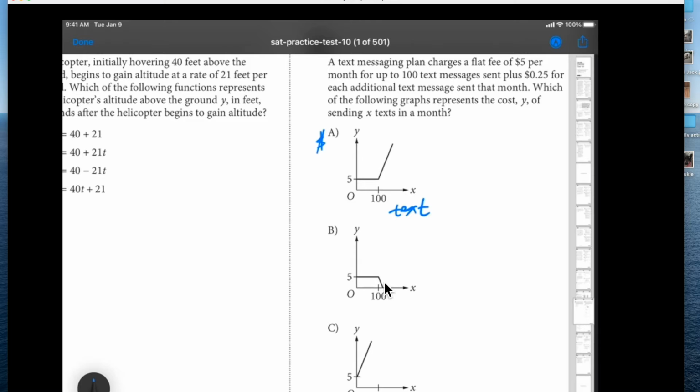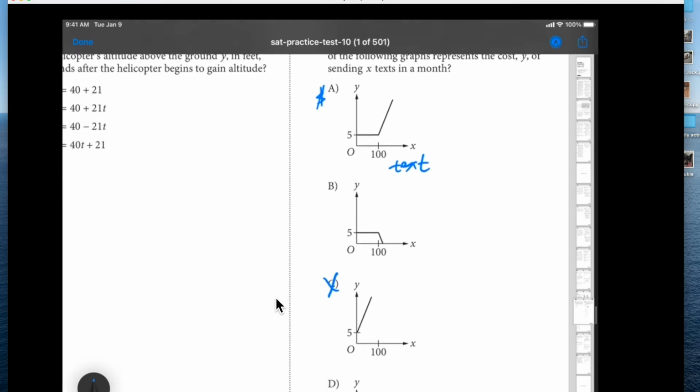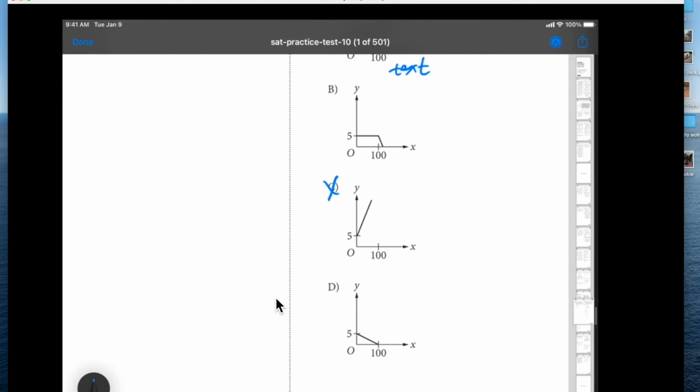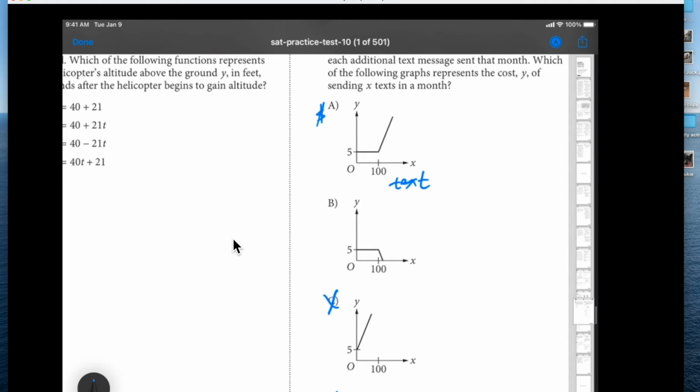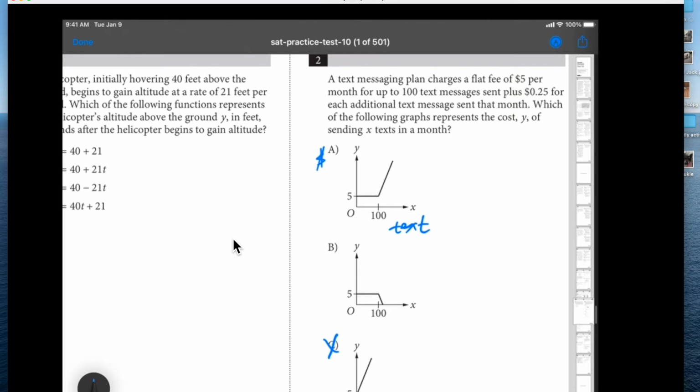This one is okay. C, we're going to cross out because it doesn't stay at $5 up to 100, and the same thing with D. We're going to cross that out. It has to stay steady at $5 until we reach an input of 100 text messages. Okay, so it's going to be A or B. Well, just looking at these two graphs, what do you think it's going to be? As your text messages increase, the cost is not going to go down, so it's got to be A.